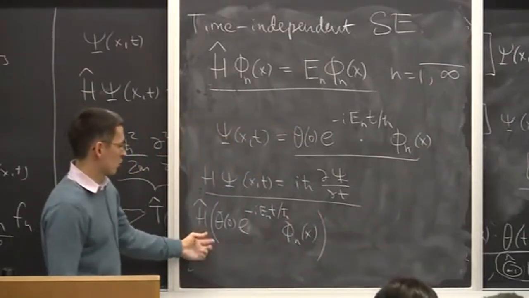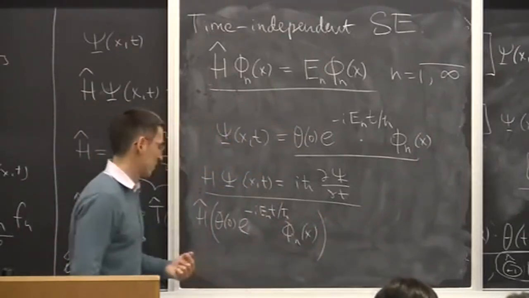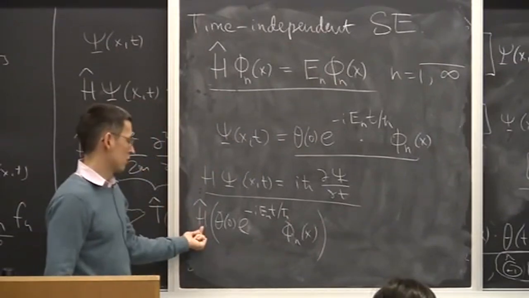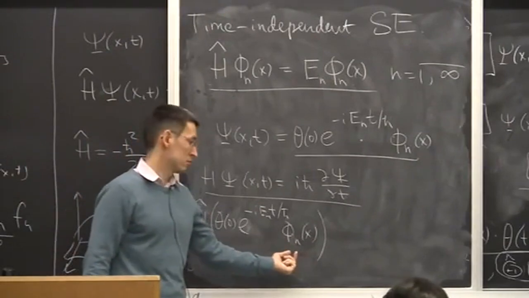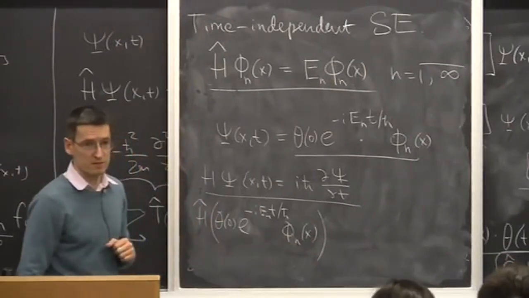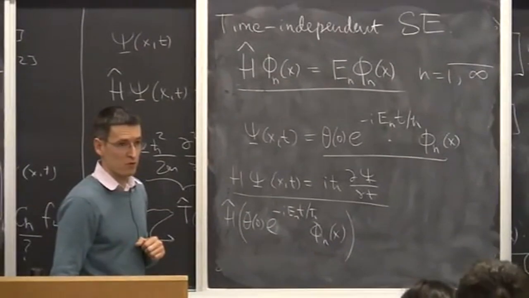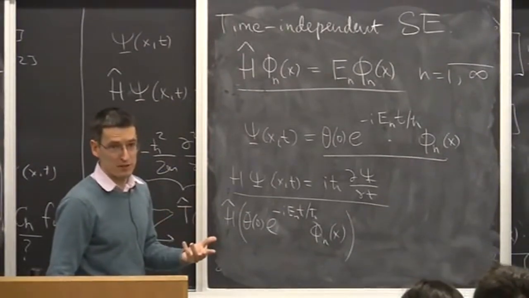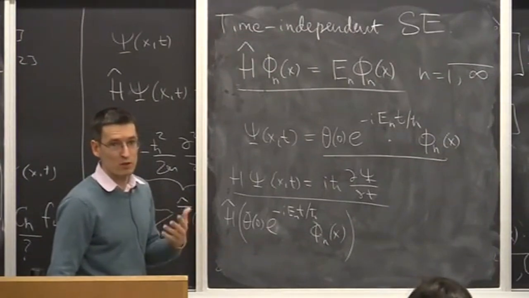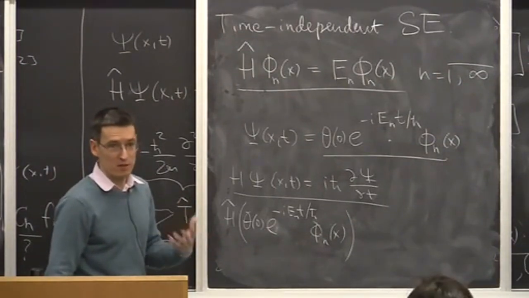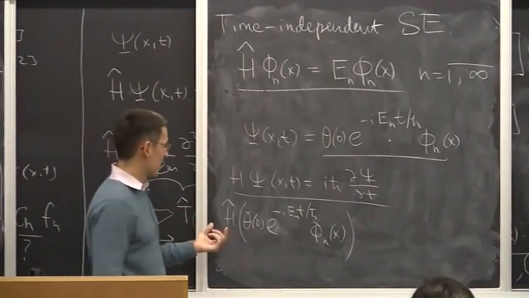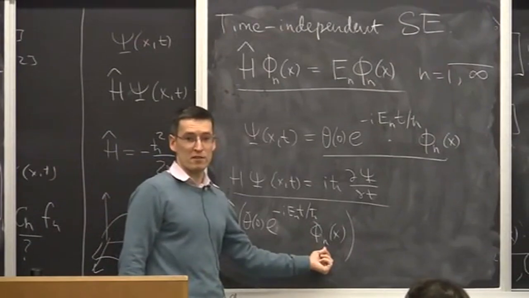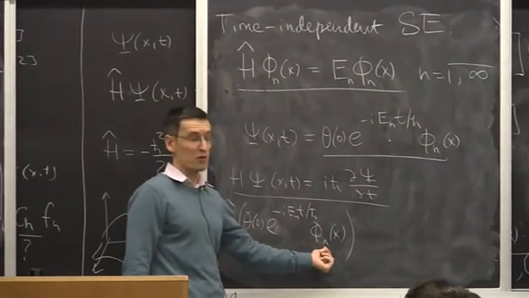When I act with the Hamiltonian on this complicated function, there is only one part that the Hamiltonian will affect. Which part is that? You guys follow? The Hamiltonian is an x operator, right? So it will only act on the functions that depend on x. Now there are three parts. This is a constant, this is a function of t, this is a function of x. All right? So the choice is obvious.